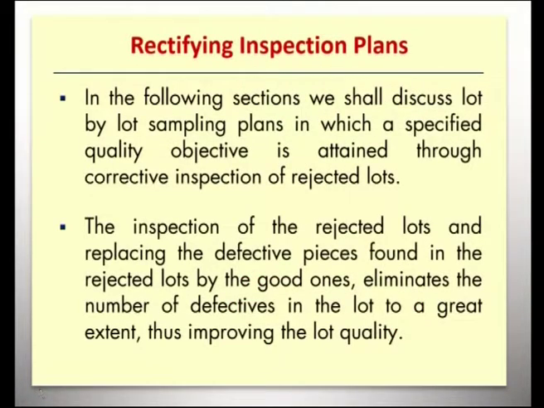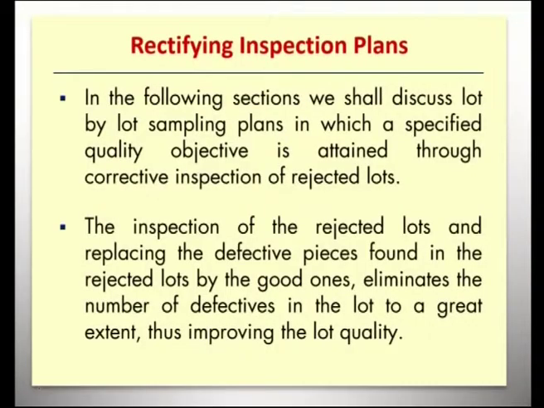Next, we talked about acceptable quality level and rejecting quality level, and we talked about acceptance sampling plans. Next, rectifying inspection plan. When somebody accepts and if it happens to be bad, then it is rejected and it goes back to the producer. So, the producer has to rectify what is the problem in that particular lot.